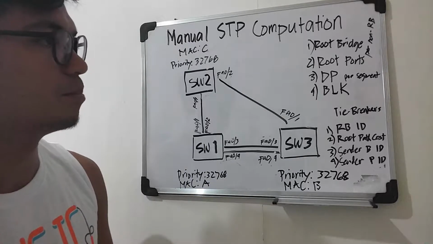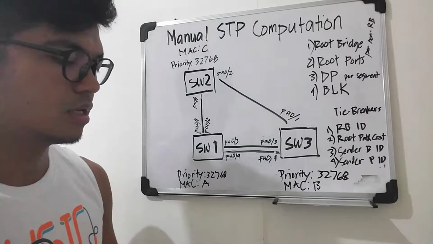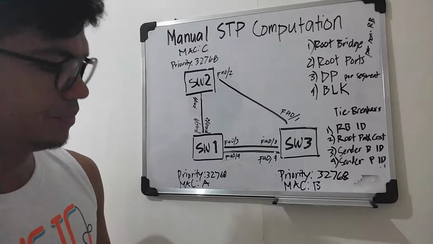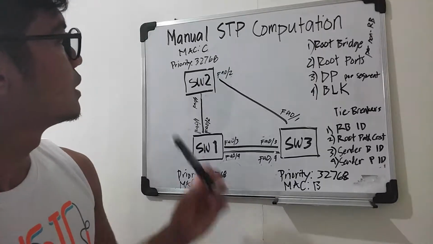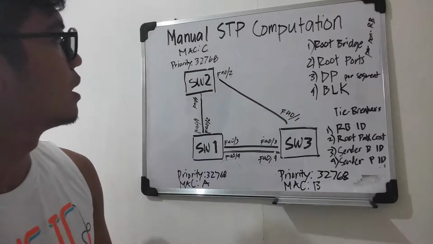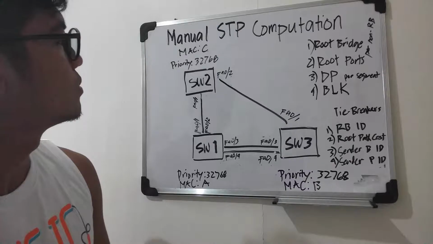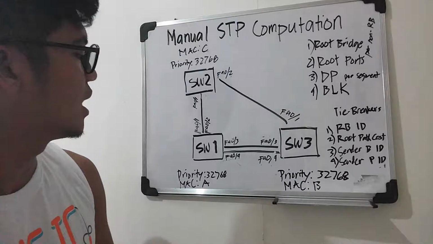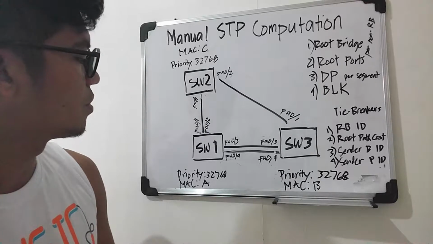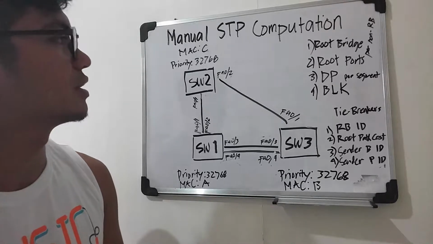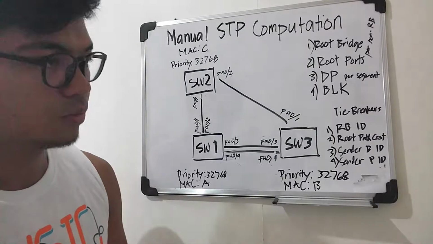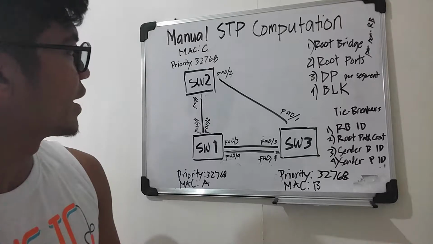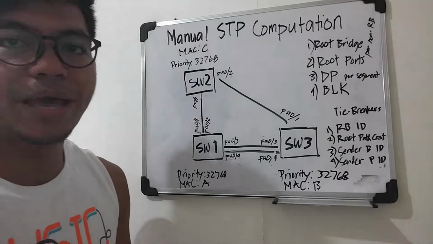The bridge priority is composed of the priority and the MAC address. By default the switches have a priority of 32,768, so we can go ahead and look at the MAC addresses.